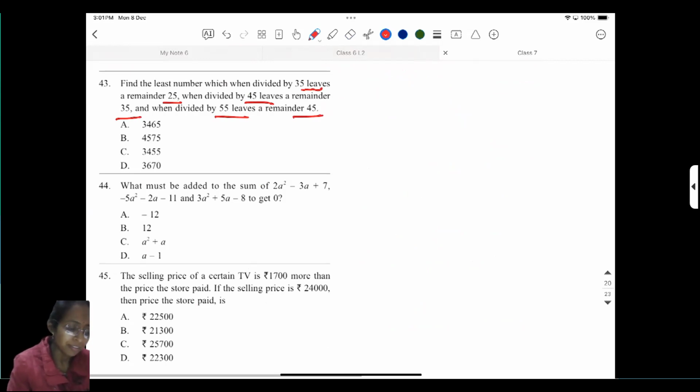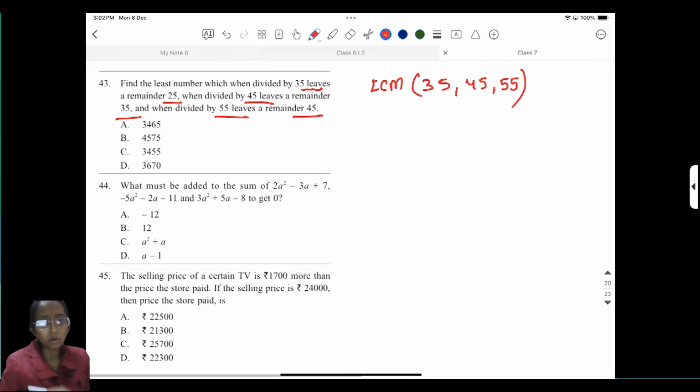That means for such a question, you have to first find the LCM of 35, 45 and 55. Because at all times the remainders are 10 less than the divisor, you have to subtract 10 from this. Now the LCM will be 5 into 7 into 9 into 11.